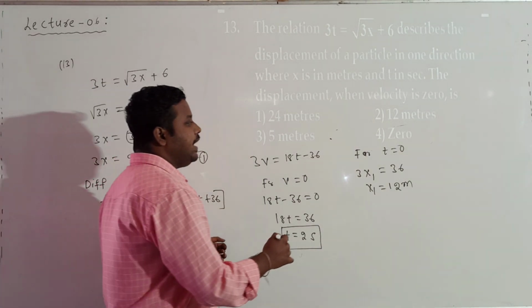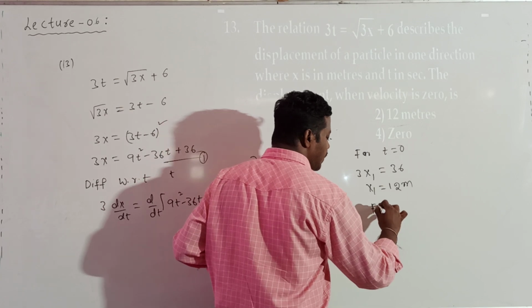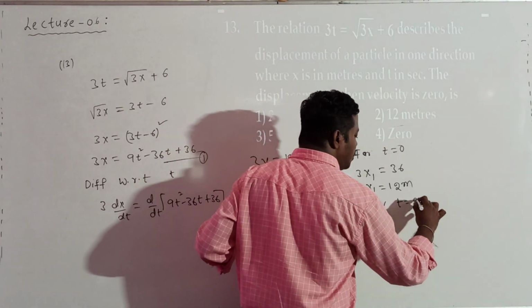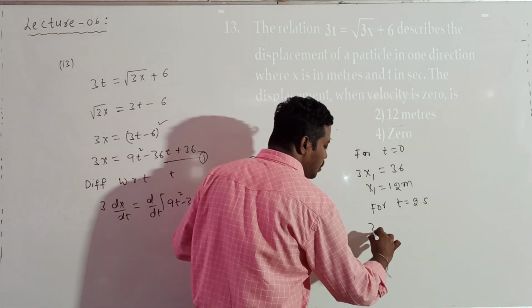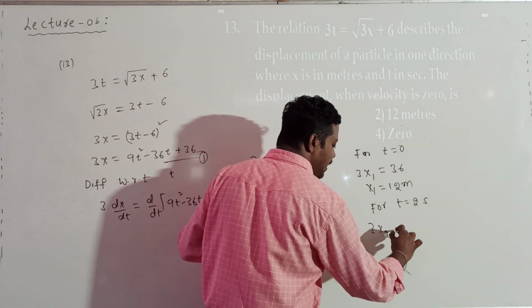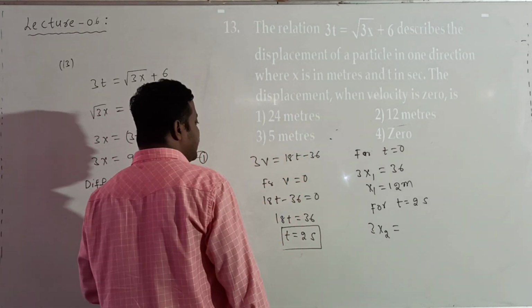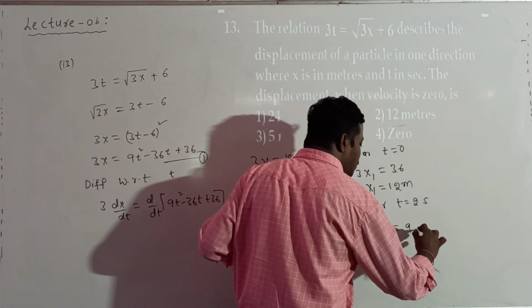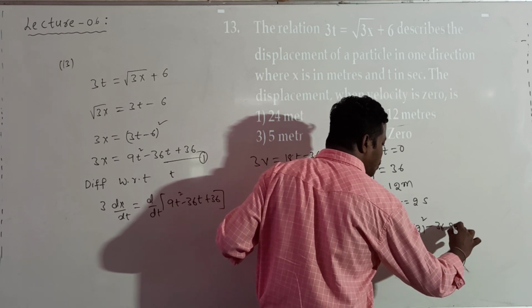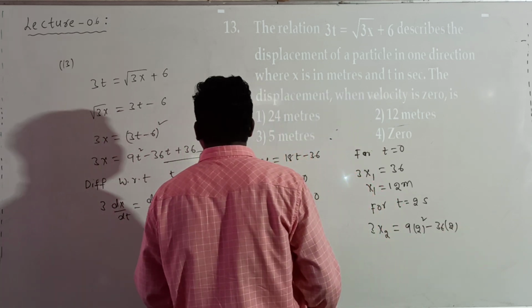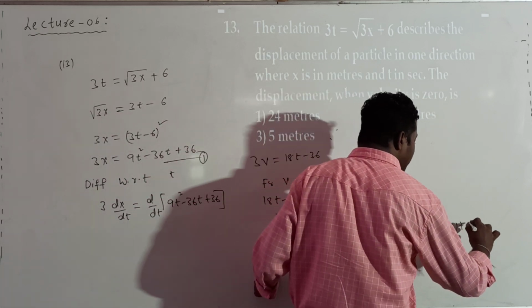Now for t = 2 seconds, what is the displacement value? Let me call the position at t = 2 seconds x2. 3 into x2 is equal to 9 into 2 square minus 36 into 2 plus 36.